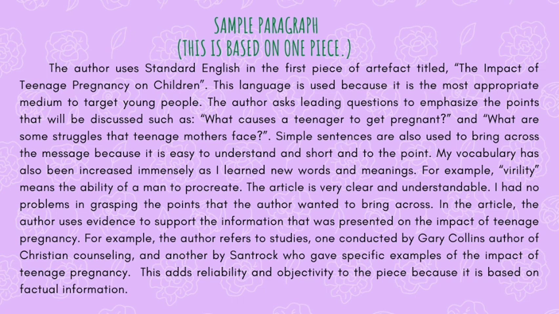For example, the author refers to studies, one conducted by Gary Collins, author of Christian Counseling, and another by Sandrock, who gave specific examples of the impact of teenage pregnancy. This adds reliability and objectivity to the piece because it is based on factual information.